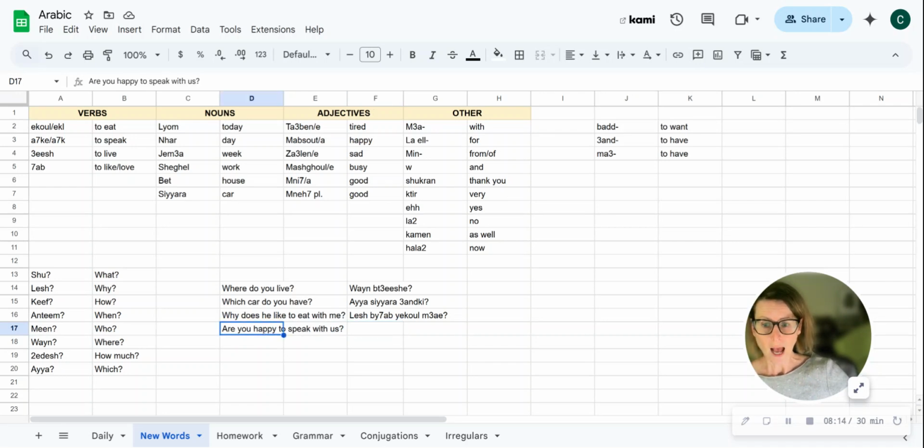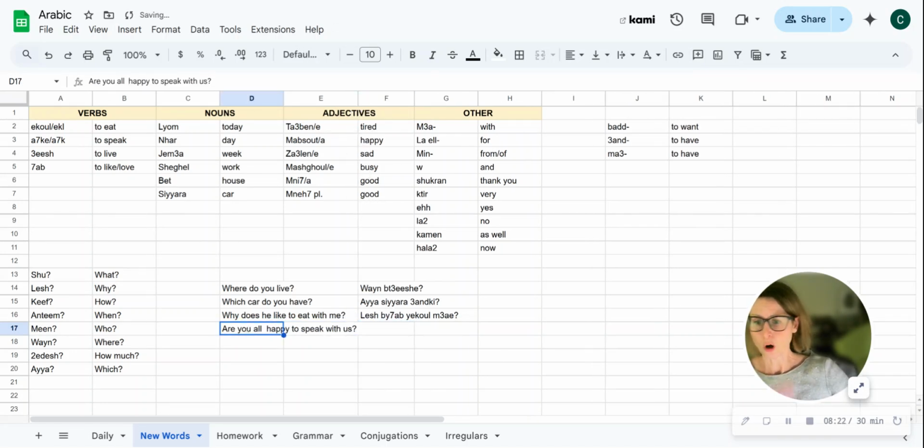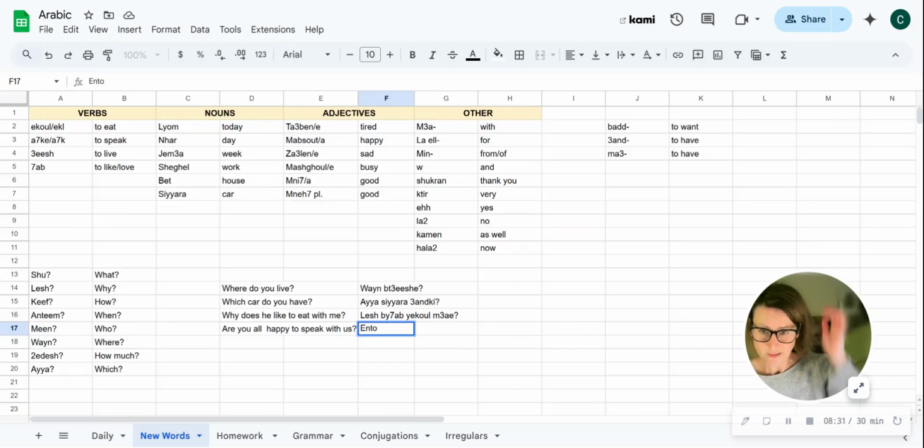So, are you happy? Let's say that I'm talking about you all, not about just one person, but several people. I know that you all is ento, so I'm going to put ento. I know that happy is mapsut, but this is several people, so I'm going to say mapsutin, if I remember well how to make the plural. Ento mapsutin to speak.